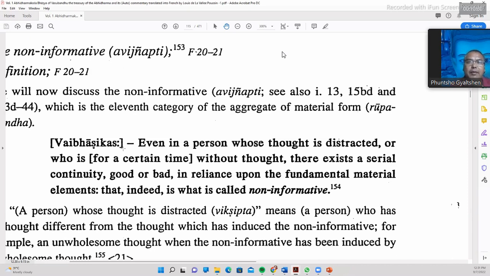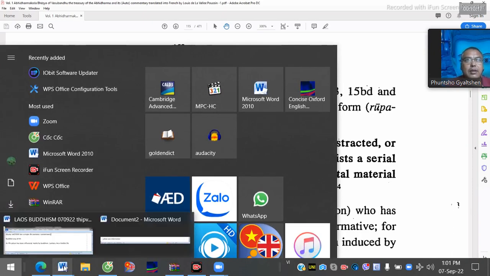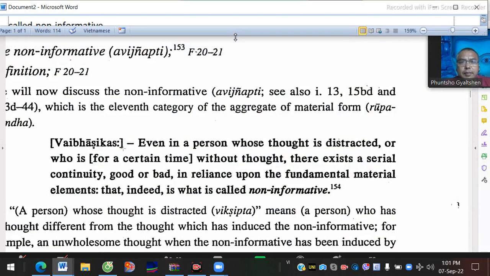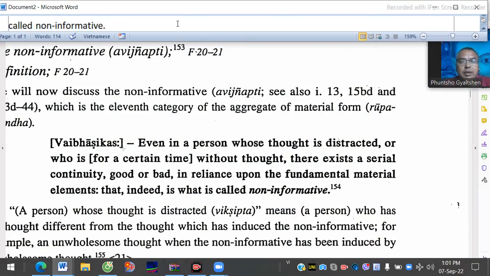Therefore, we have 10 objects or 10 entities that have some kind of a physical existence, a physicality that could be detected very easily by the five faculties.